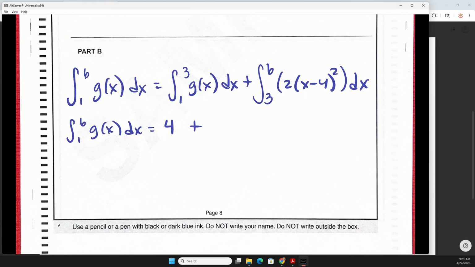Okay, so to do this second integral, I'm going to take that 2 and bring it in the front. It's just going to make it easier to do, and you can do that with a constant that you're multiplying. And then I am also just going to go ahead and square x minus 4.